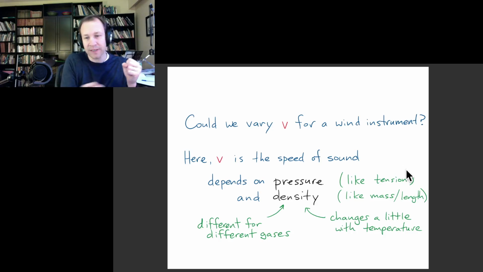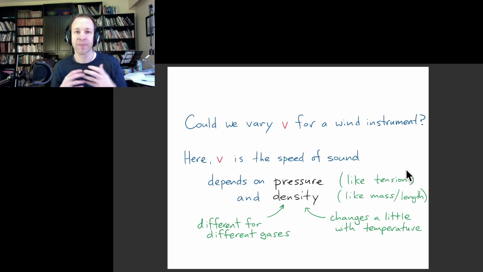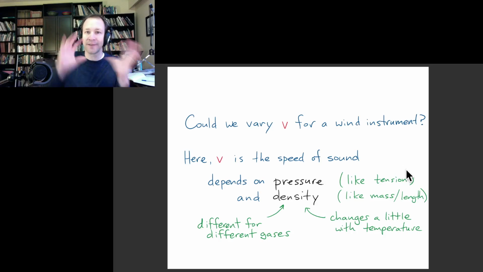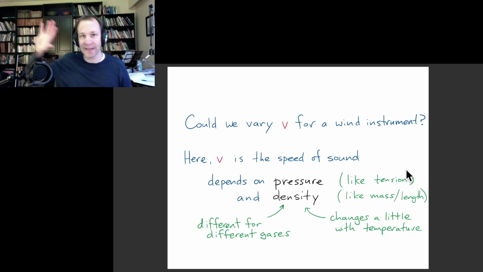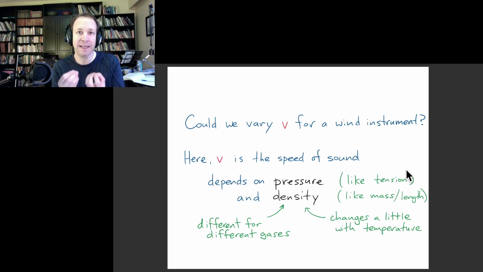Every part of the string acts with this force on the next part of the string. The analogous thing in air would be the pressure of the air. That determines how much force each chunk of air is exerting on the surrounding chunks of air and on objects. And the quantity that's similar to the mass per length of the string is the density of air, the mass per volume of air.